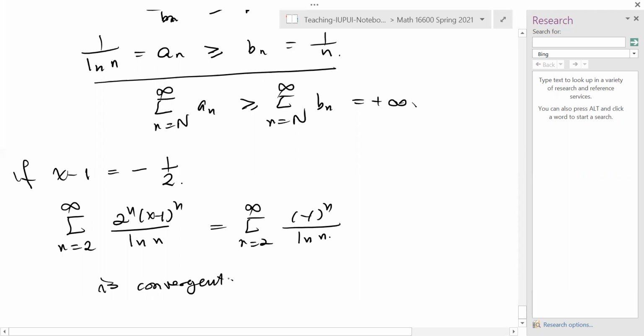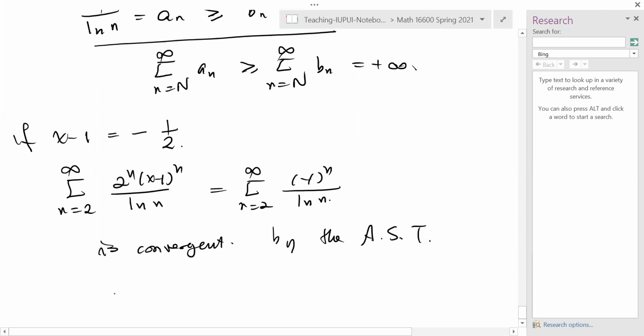The reason it's convergent is by the alternating series test, since Bn is decreasing to 0. It's obvious.